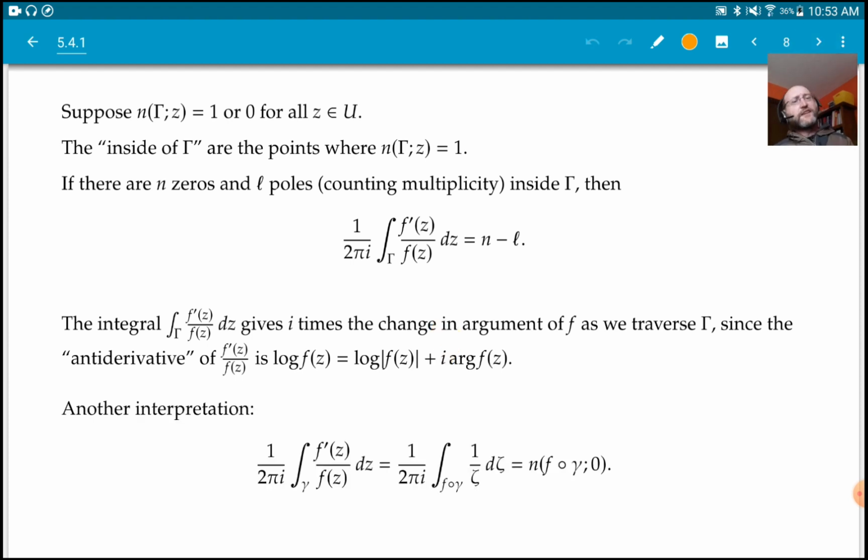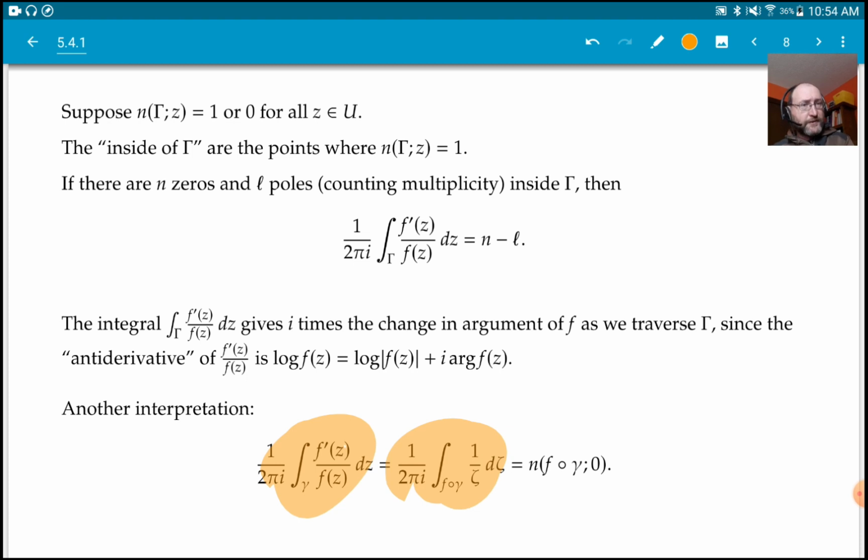And here's another interpretation of the argument principle. We could also do a substitution, like the calculus substitution here. And so another way to write this integral is the integral of 1 over some zeta. Think of gamma as a single closed curve, not a whole cycle, and you do this change of variables.